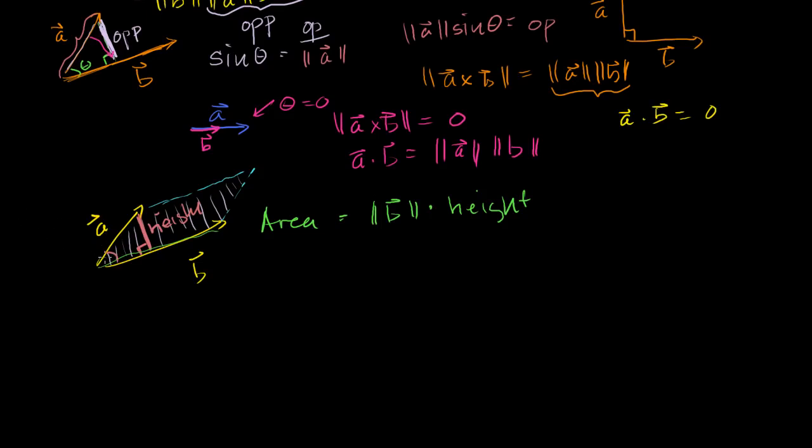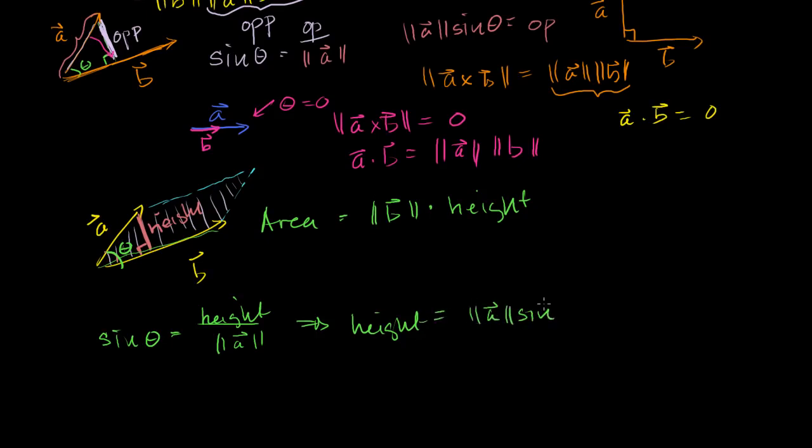Let me do a green theta, it's more visible. So we know already that the sine of this theta is equal to the opposite over the hypotenuse. So it's equal to the height over the hypotenuse. The hypotenuse is just the length of vector A. Or we could solve for height, and we'd get that the height is equal to the length of vector A times the sine of theta.